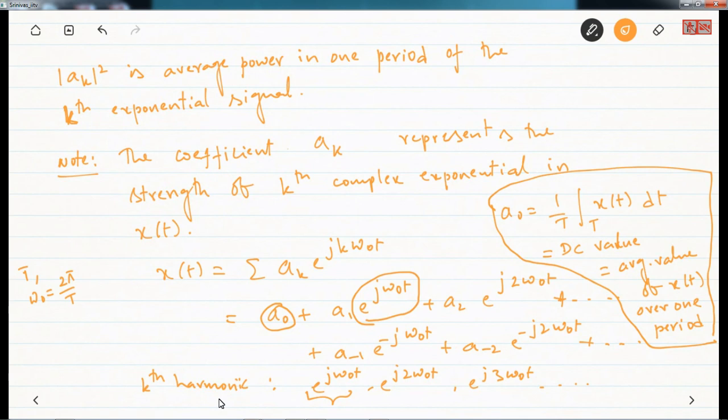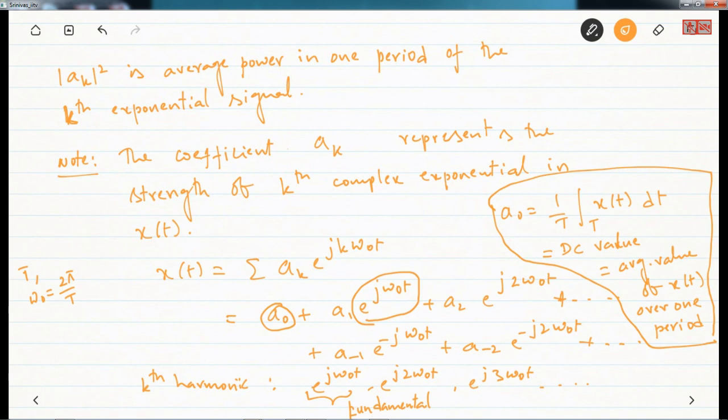So these frequencies, omega naught, 2 omega naught, 3 omega naught, are all called harmonics of the fundamental frequency. This is the fundamental frequency of the signal x of t, this is the second harmonic, this is the third harmonic, and so on.